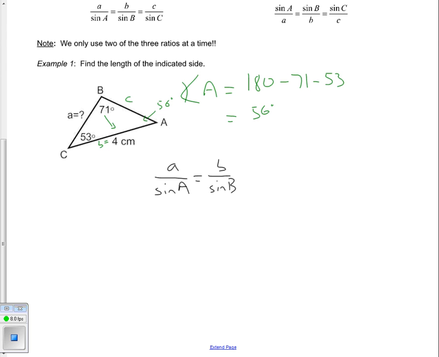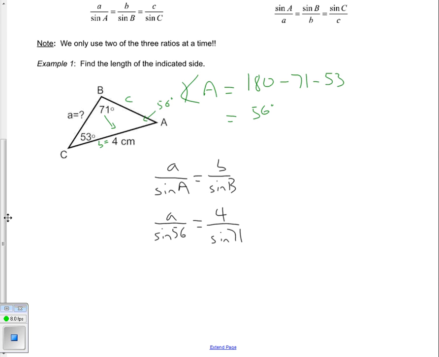Okay, so in this particular instance, we're looking for A. We know that angle A is 56 degrees. We determined that earlier. We know that B is equal to 4 centimeters. The length of side B is 4 centimeters. And we know that angle B is 71 degrees.